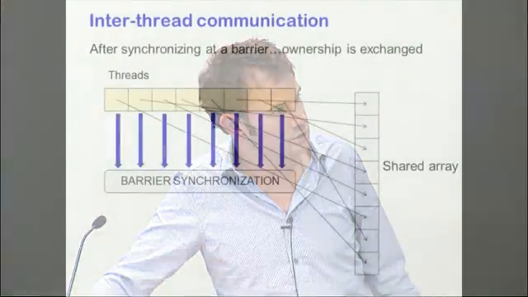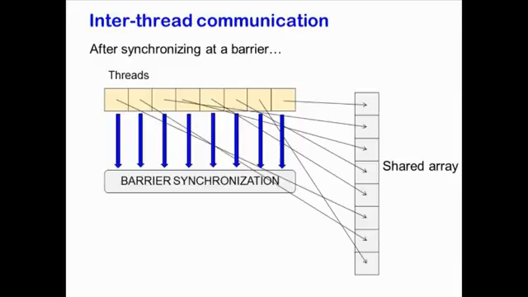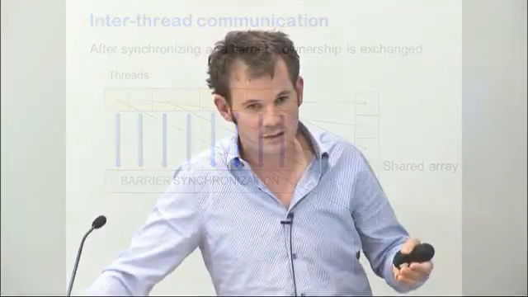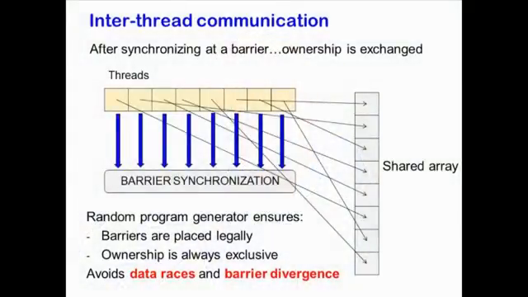So we can change which thread owns which element. And then the threads can carry on executing. This allows the threads to communicate data values to each other, but in a way that guarantees freedom from data races. Because between barriers, the threads have unique access, and at a barrier, they do a permutation of who owns what. So this was a fairly simple way to ensure that we avoid data races.